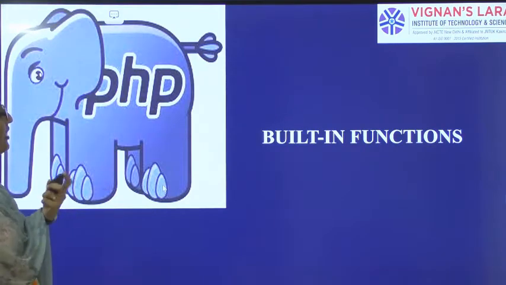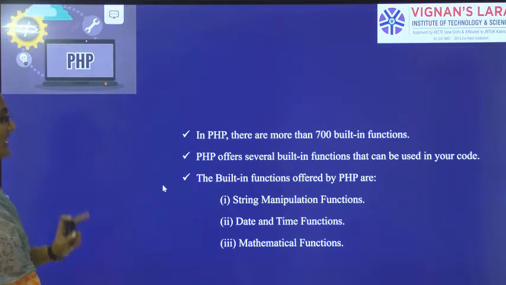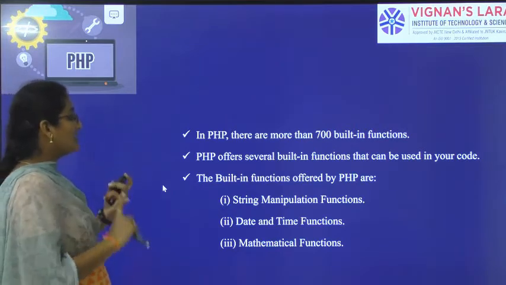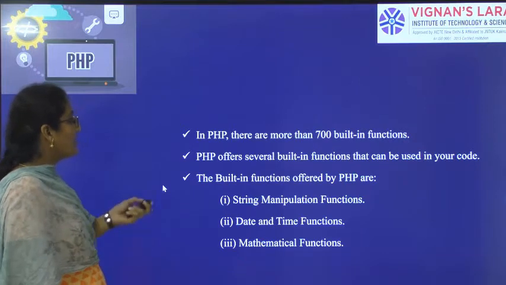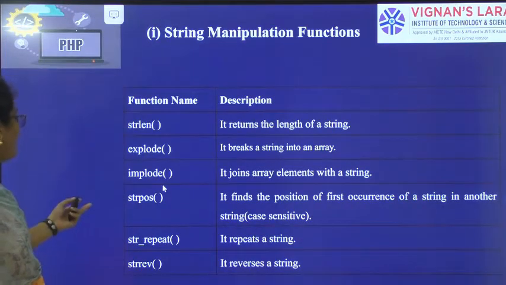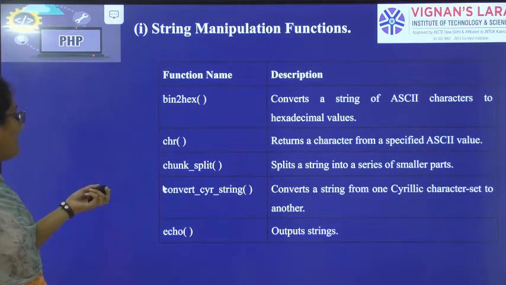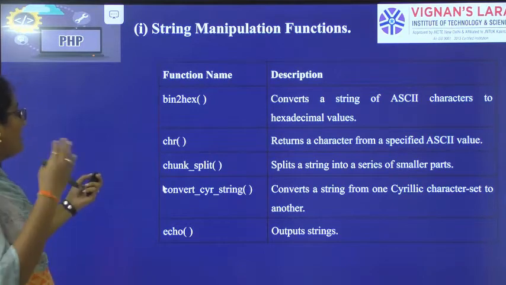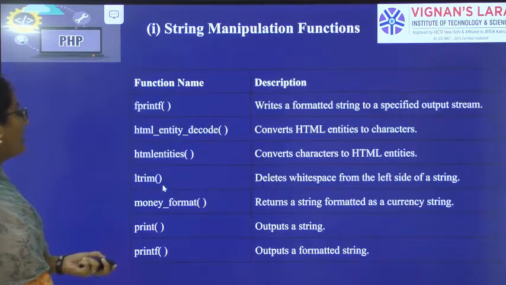Built-in functions are also called predefined functions. We have 700 predefined functions that are divided into three types: string manipulation functions, date and time functions, and mathematical functions. The first one is string manipulation functions like string length, explode, implode, string position, string repeat, string reverse. Binary to hexadecimal conversion, counting the characters, chunk split, dividing the string into small parts, echo for printing the output.